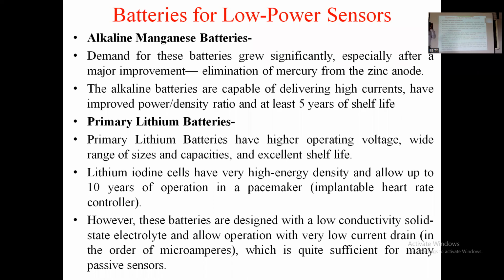Lithium iodide cells have a very high energy density and allow 10 years of operation. So the life of the alkaline type is 5 years, and the life of the primary lithium battery is about 10 years. These types of battery can be used in implantable heart rate controllers.